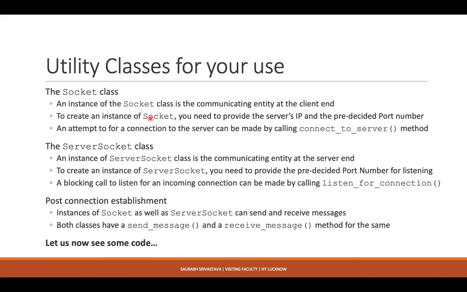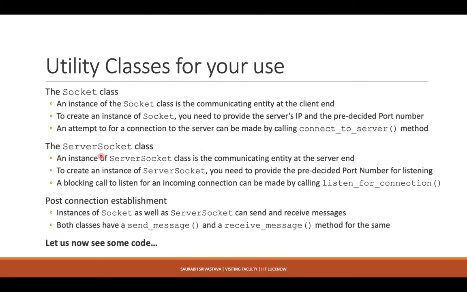To create an instance of socket, you need two pieces of information: the server's IP and the pre-decided port number. These are the two things you need to know. And then you need to call a function in this class called connect to server, and it will do that. All those function calls that were there are done in this particular method.